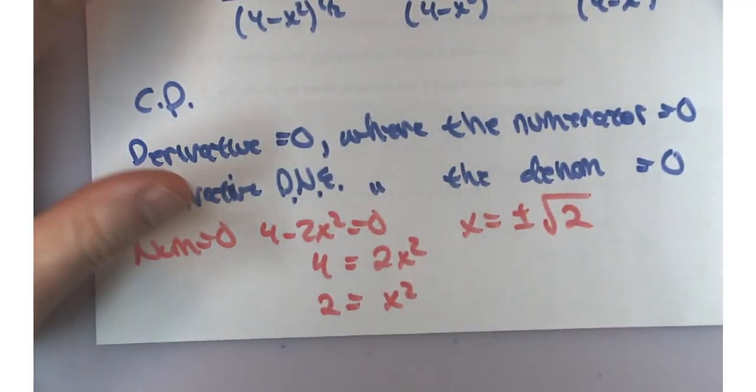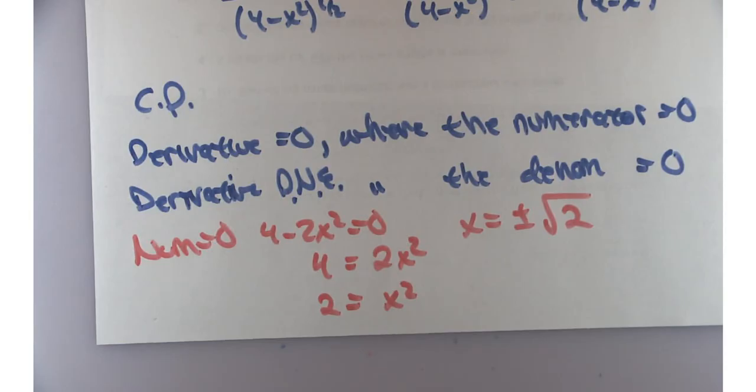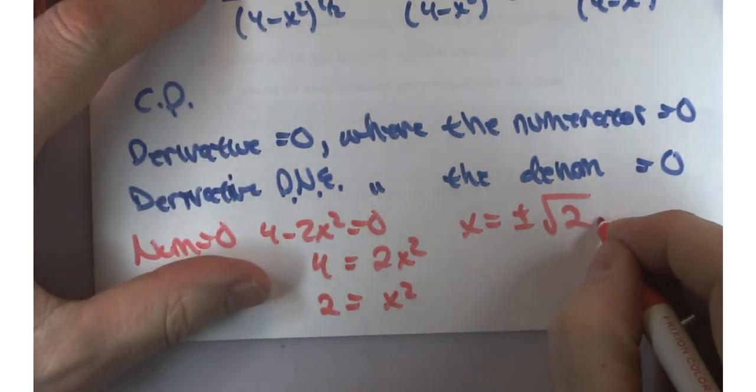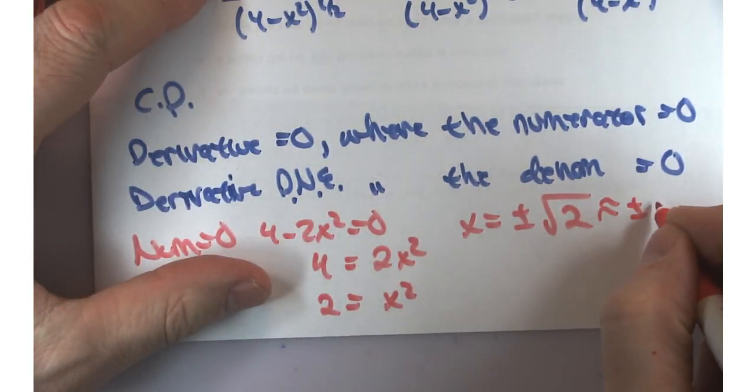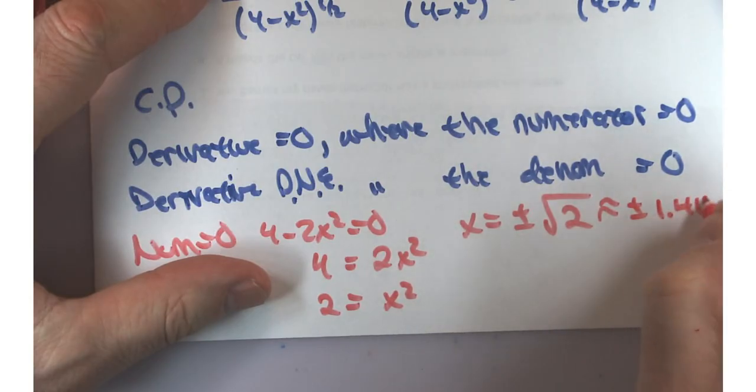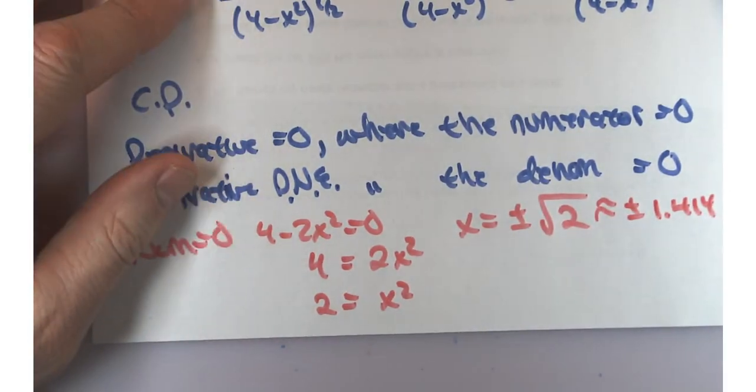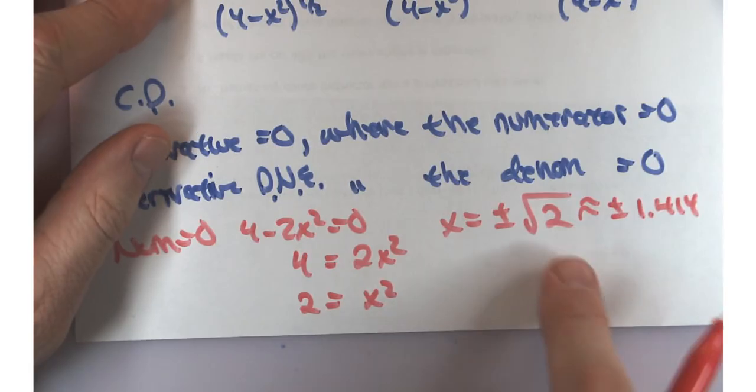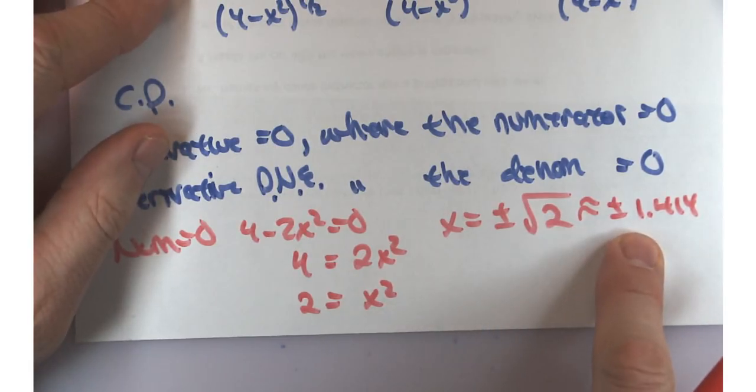Don't forget both of them. Square root of 2 is about 1.414. Which the negative falls outside of range, right? Yeah, the negative one falls outside the range.